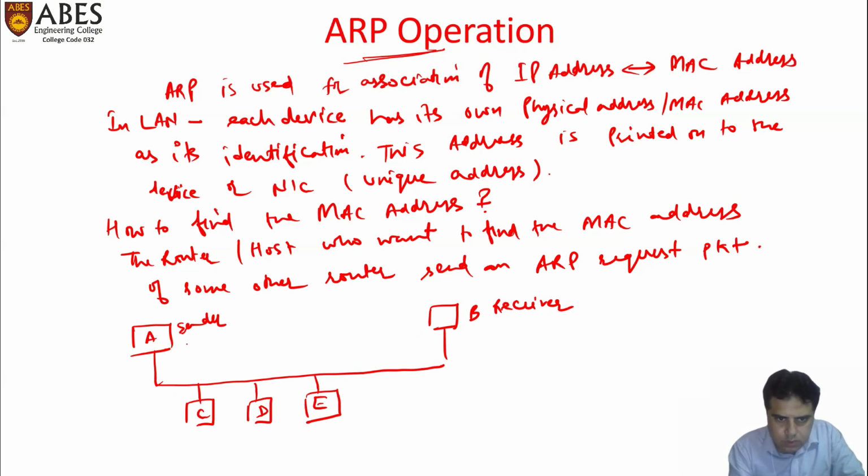Suppose A wants to find the MAC address of B. So A sends the ARP request packet for B. It will broadcast this ARP request packet to the network.